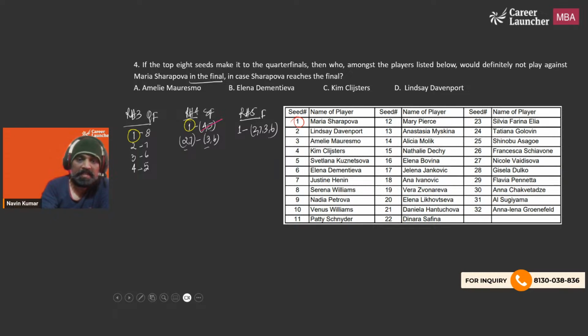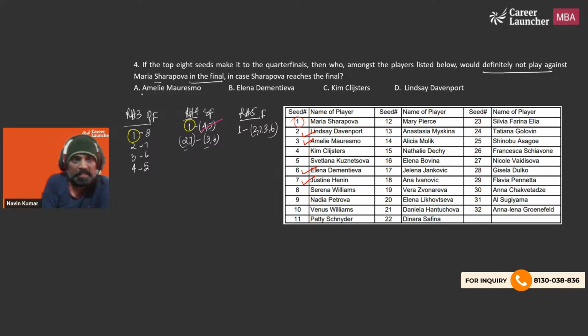So basically, we come to know that seed number 2, Lindsay, seed number 3, Amelie, seed number 6, Elena, and seed number 7, Justin. One among these four, Maria is going to face in the finals. Question asked is, would definitely not play against her. So any name which is not among these four will not play against her.